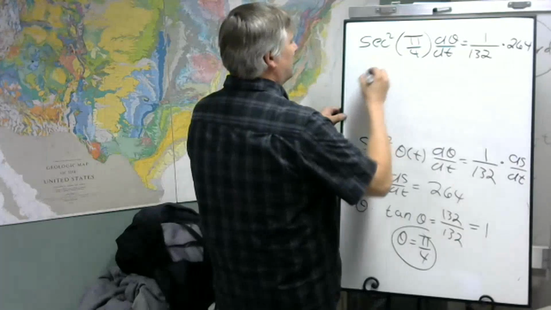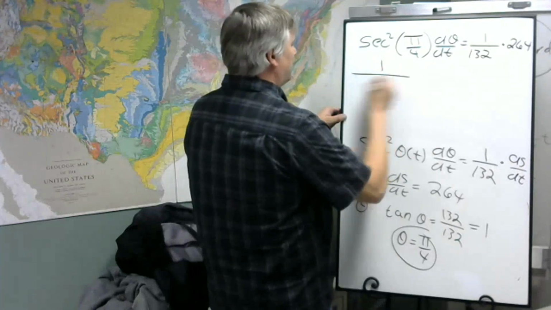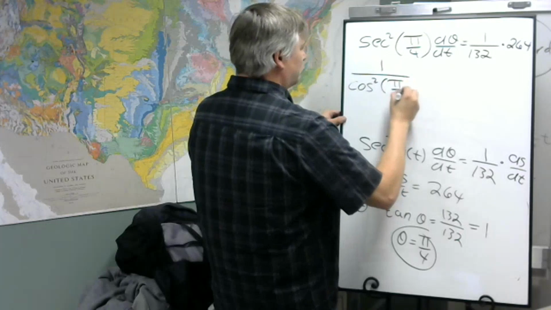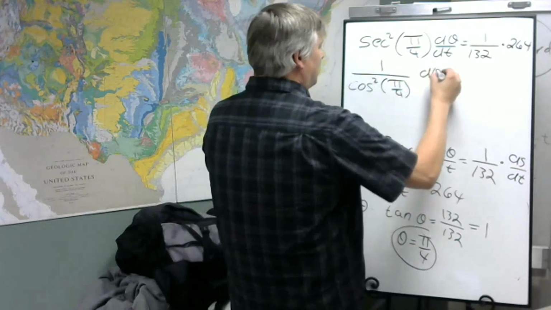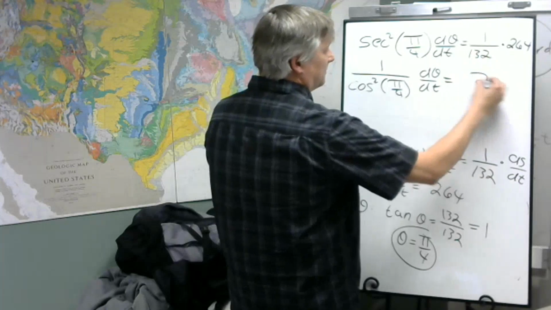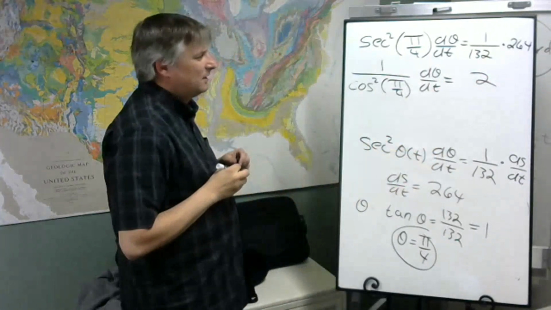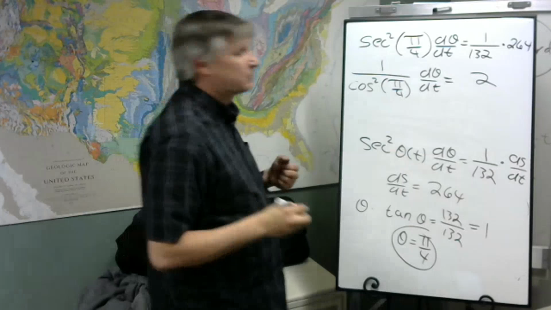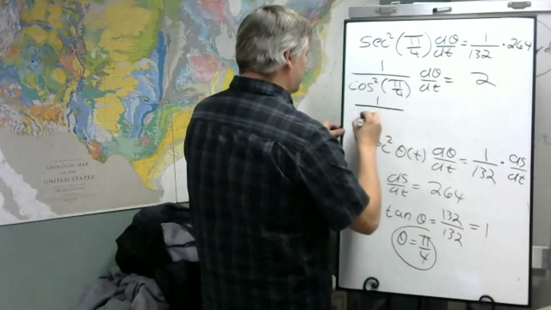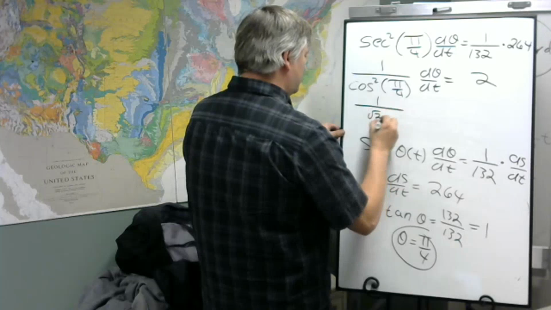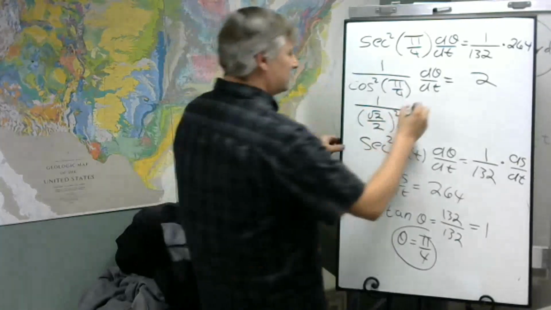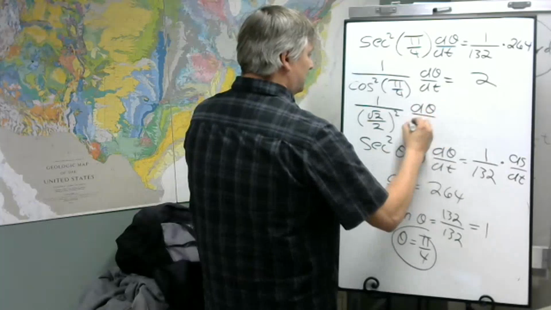And let's see, secant is 1 over cosine, so we have 1 over cosine squared of pi over 4 times d theta/dt, and this is now going to be a positive 264. Cosine of pi over 4 is radical 2 over 2. So we'll get 1 over radical 2 over 2 squared, because we have cosine squared, times d theta/dt.